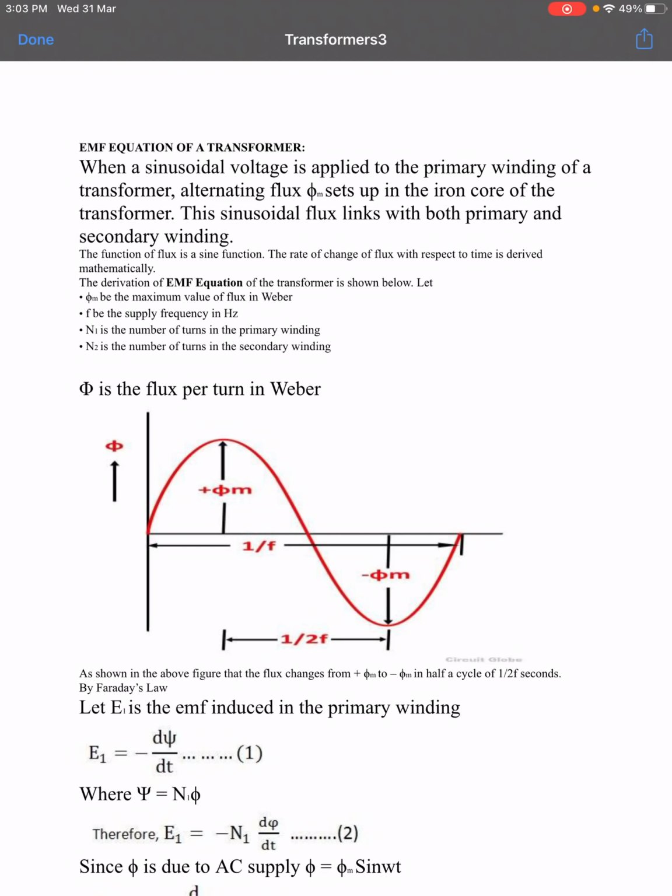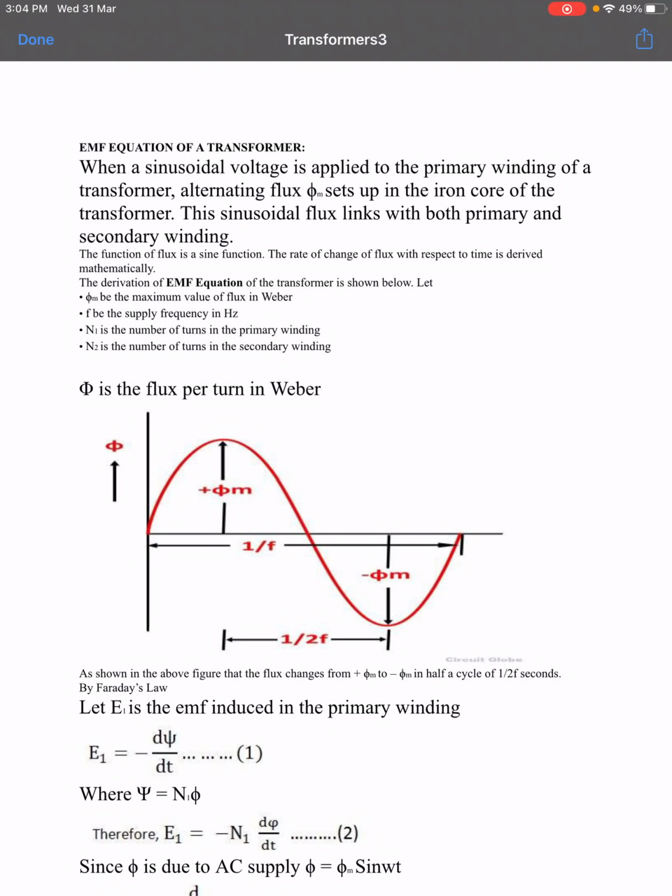To recap: phi m is the maximum value of flux in Webers, f is the supply frequency in hertz, N1 is the number of turns in the primary winding, and N2 is the number of turns in the secondary winding.